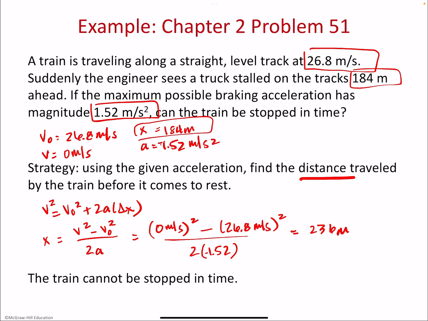You got that? So what was the distance that it said the truck was stalled at? 184. With that deceleration, it goes 236. So what's going to happen? Bad, right? So that's where it's saying it cannot be stopped in time.